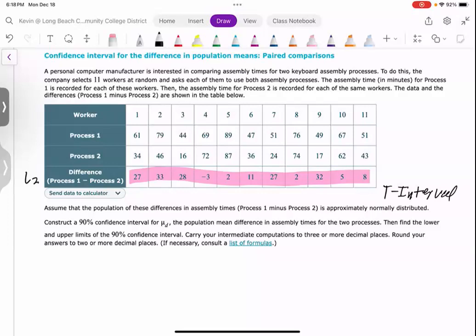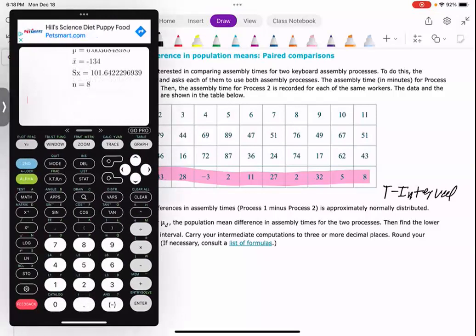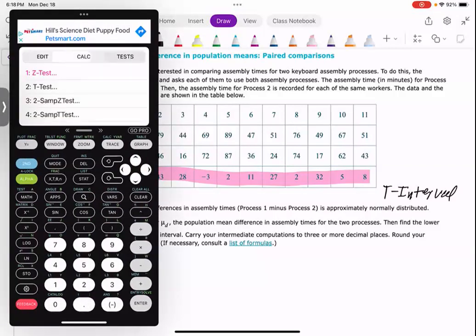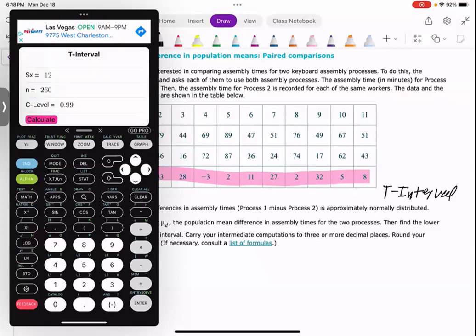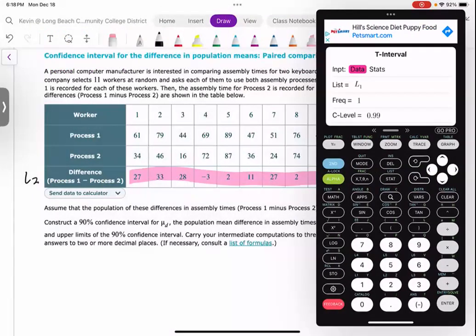And again, I have my data in list 2 already. There it is, t interval. We are going to use raw data from list 1. And our alpha is 0.9.